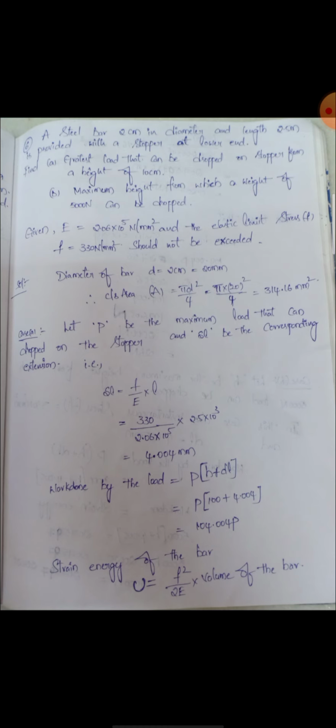Here is the strain energy of the bar. Strain energy U equal to f square by 2E into volume of the bar. Here f equal to 330 whole square divided by 2 into E, where E is 2.06 into 10 power 5, into volume of the bar, nothing but area into length.